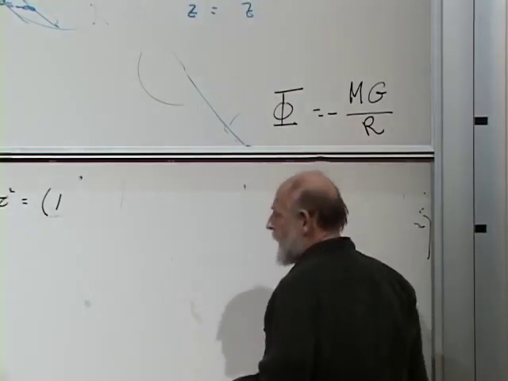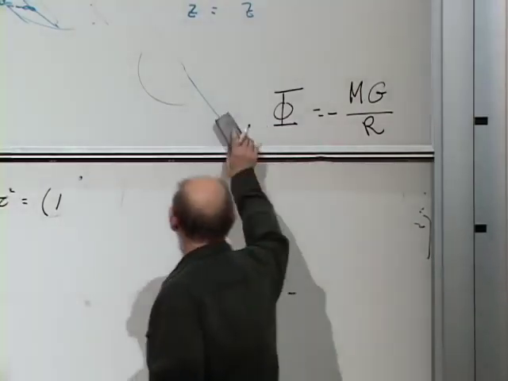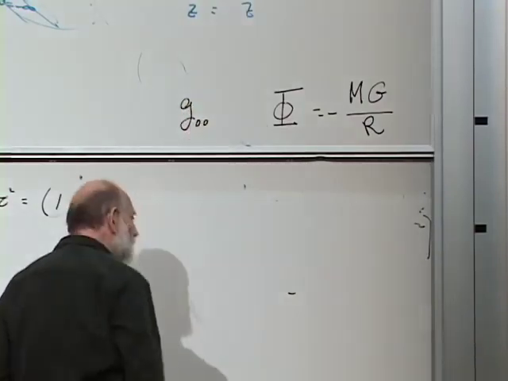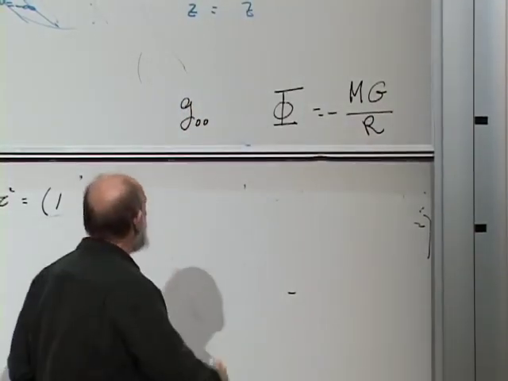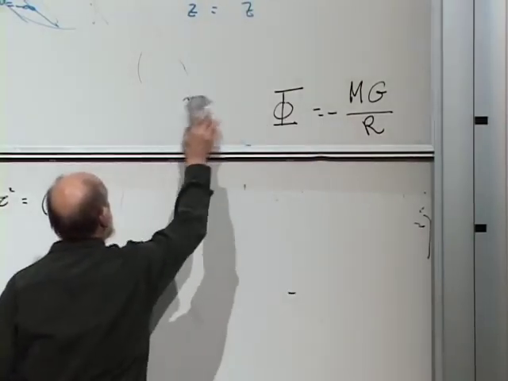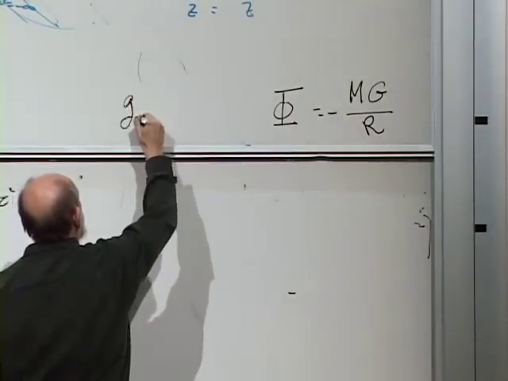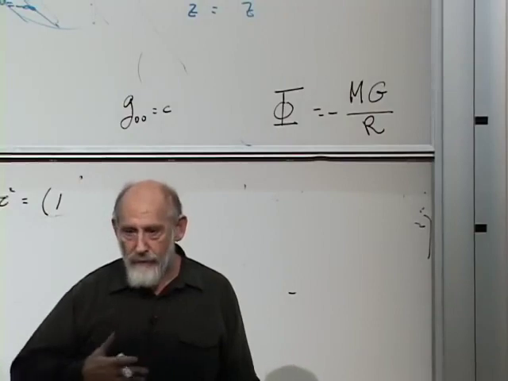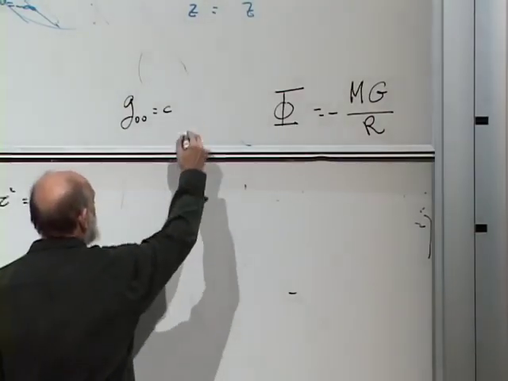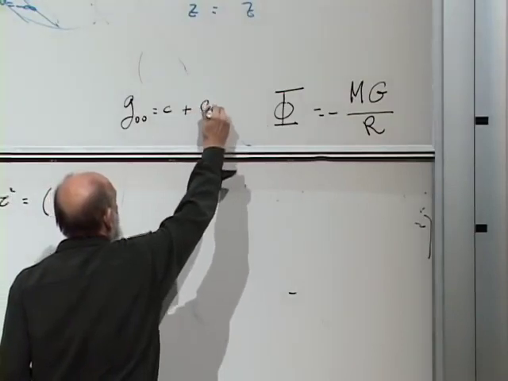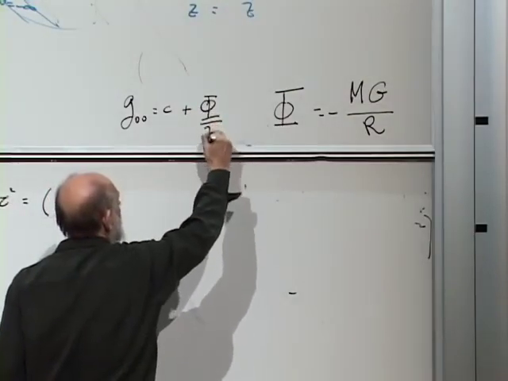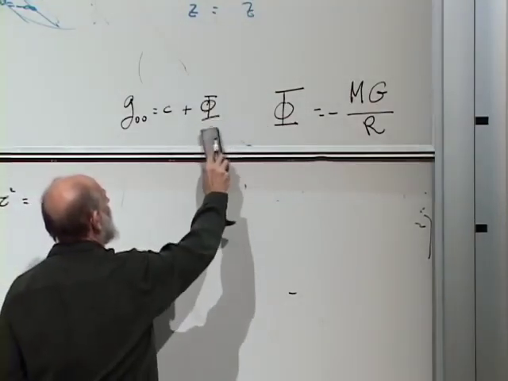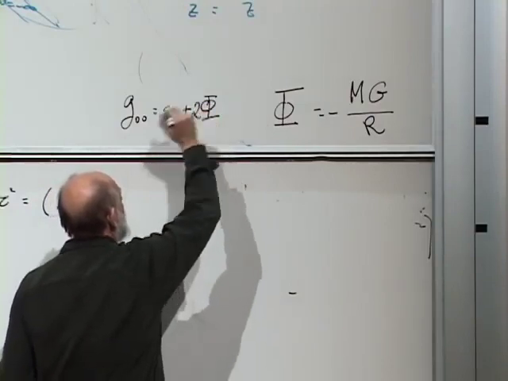Now remember what the connection between g naught naught and phi is. g naught naught, at least approximately, is equal to some constant. When I say constant, it's a piece which doesn't have a derivative. And then the piece which has the derivative is plus 2 phi. My mistake, 2 phi.